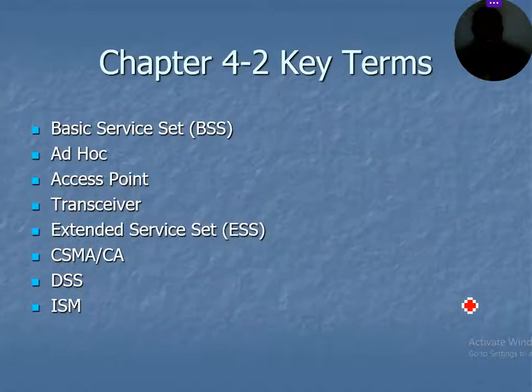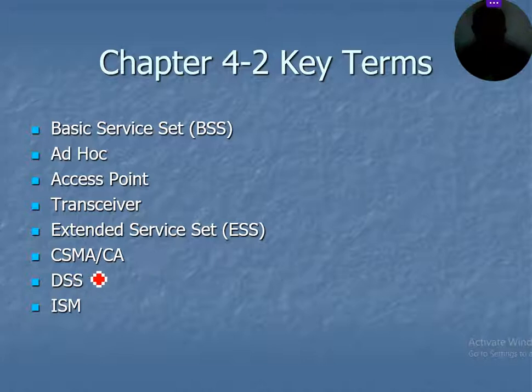Now let's take a look at the things we have looked at. We've talked about the basic service set, the ad hoc, the access point, and the transceiver. We talked about the extended service set using multiple access points to solve the problem of the basic service set.